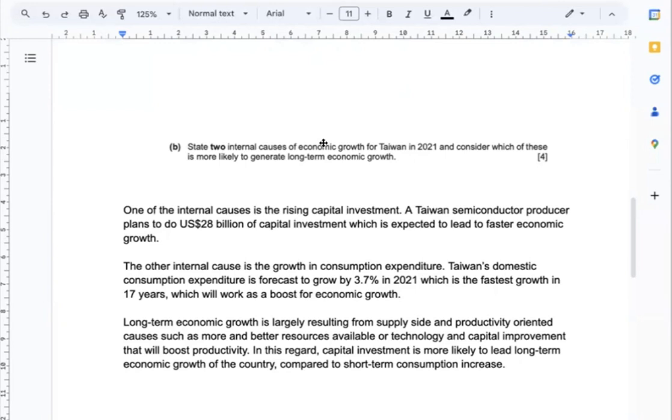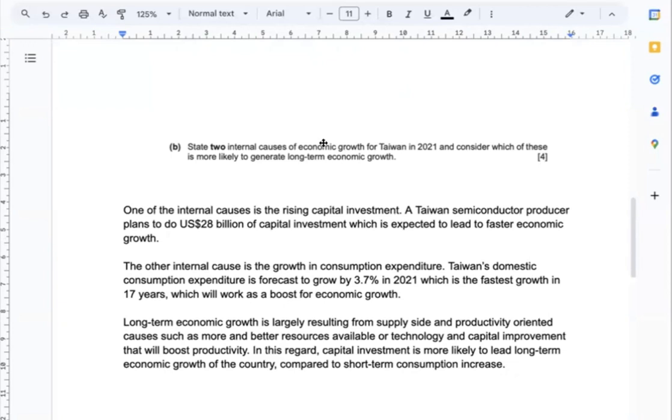And the other internal cause would be the growth in consumption expenditure. The text says Taiwan's domestic consumption expenditure is forecast to grow by 3.7% in 2021, which is the fastest growth in 17 years, which will again work as a boost for economic growth.